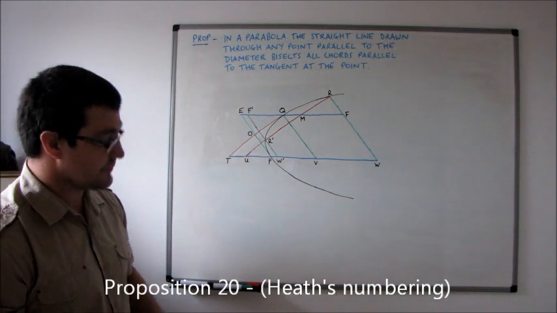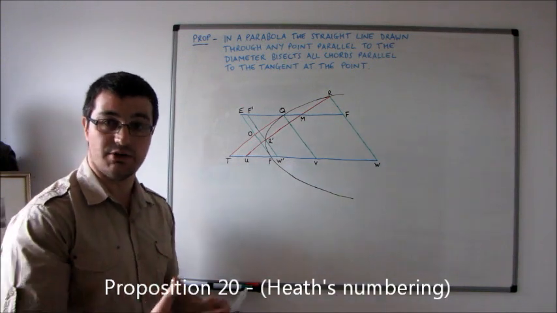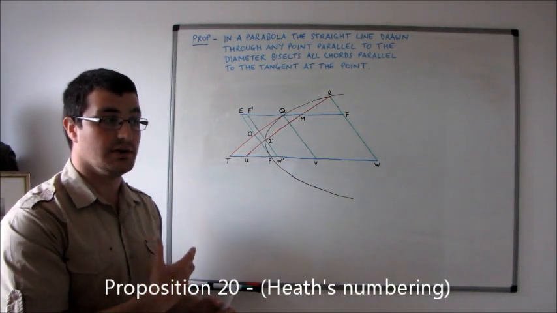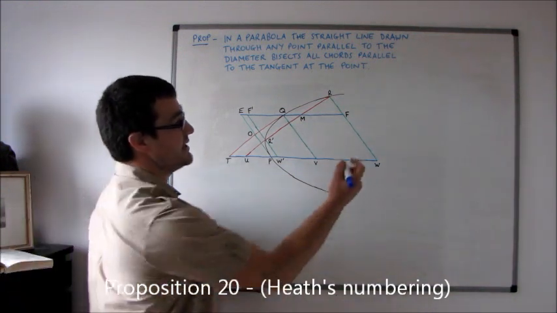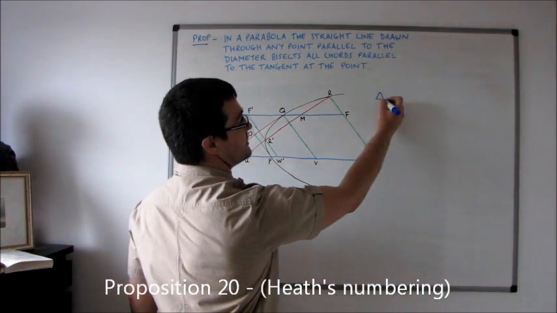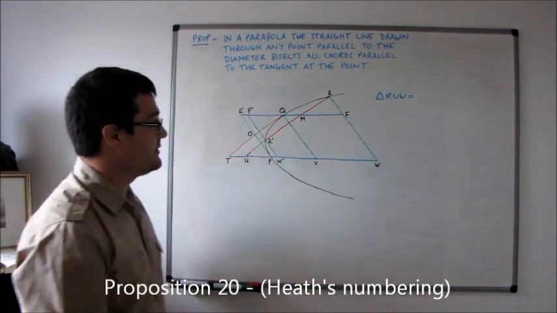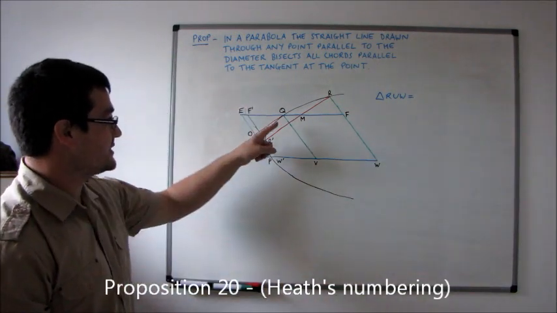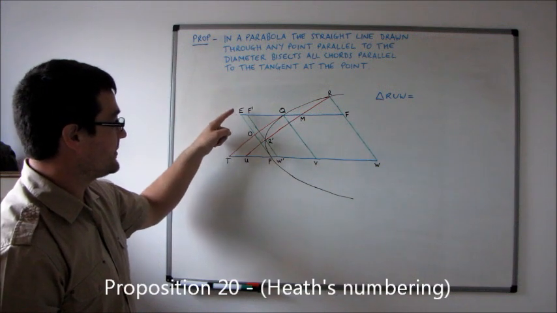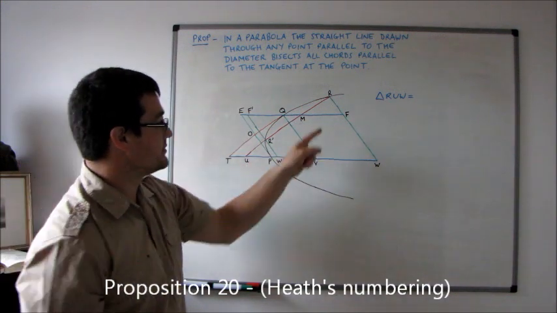Okay, so with this one, the start point is using what we've just proved in proposition 17. We can say that the area of triangle RUW is equal to the area of the parallelogram EPWF.